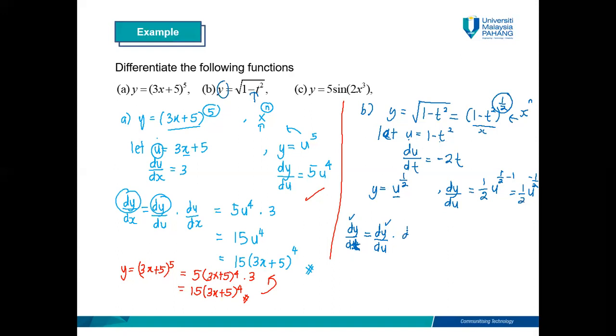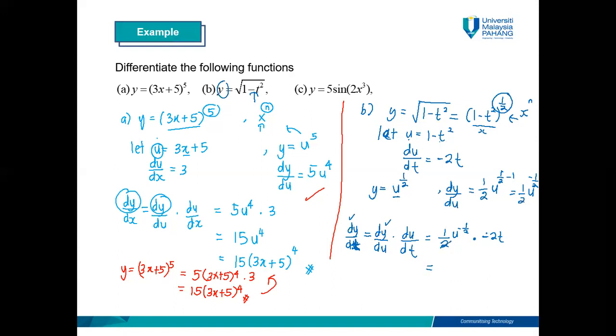Okay, du, so dia macam u cancel out, so du over dt lah. Okay, so dy over du, 1/2 u power of negative 1/2, times, okay, du over dt, negative 2t.